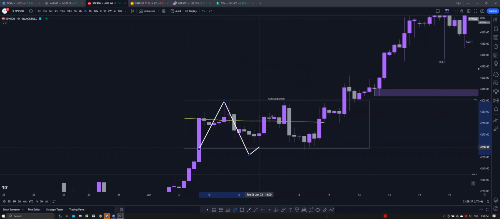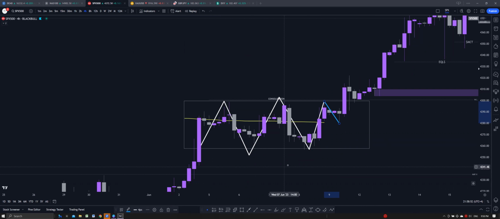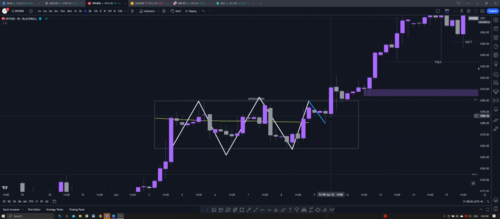So we have this consolidation, right? Let me actually use a different color. Let's say that's blue. All right. So we see price create a new lower high, but then we got that first leg. That first leg breaks off the high of the consolidation.